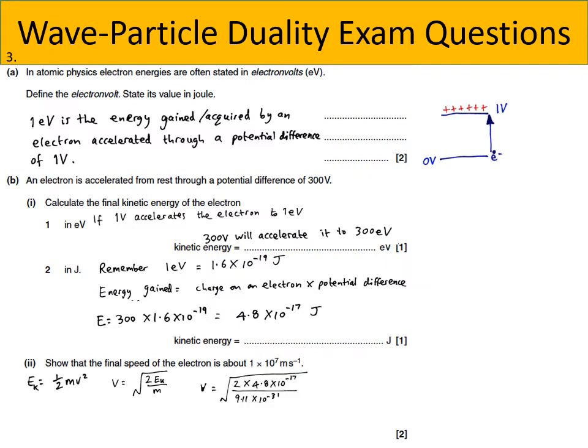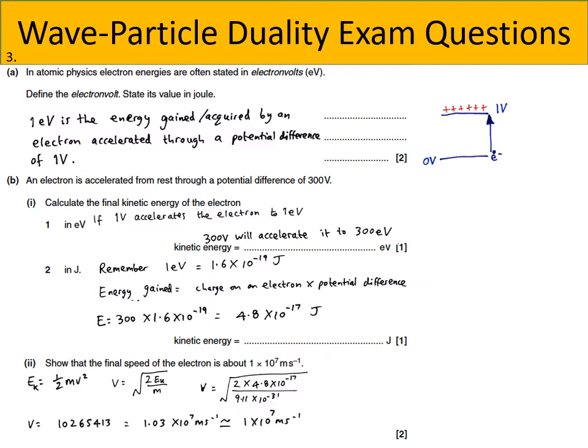And v therefore is equal to the square root of 2 times 4.8 times 10 to the power minus 17 divided by the mass of the electron, which is 9.11 times 10 to the power minus 31. And that 4.8 times 10 to the power minus 17 is what we obtained for the energy of an electron from part B 1.